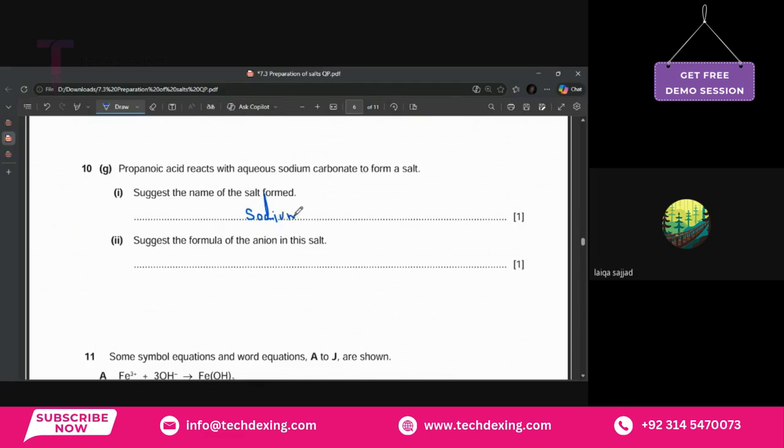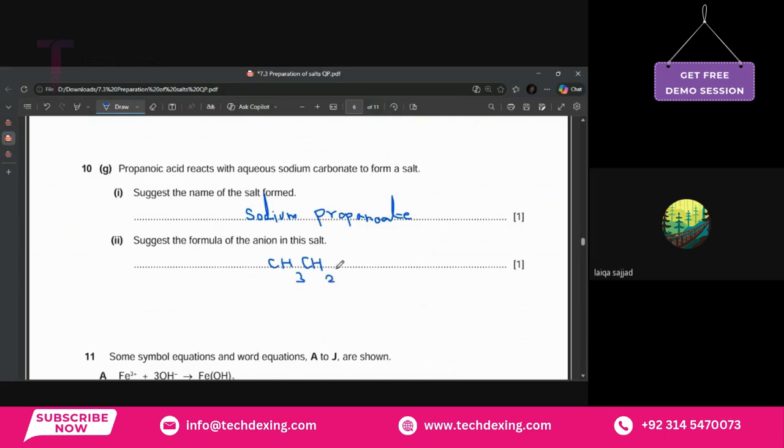And suggest the formula of the anion in this salt. It's CH3CH2COO minus.